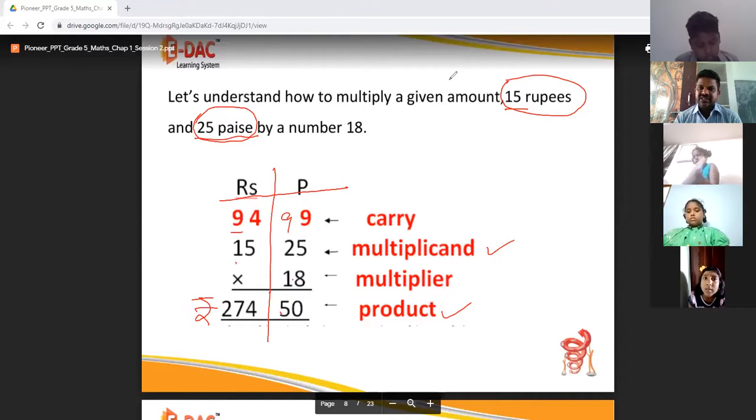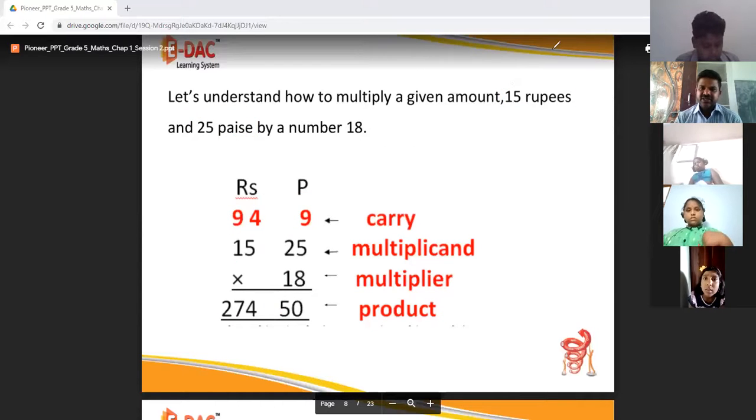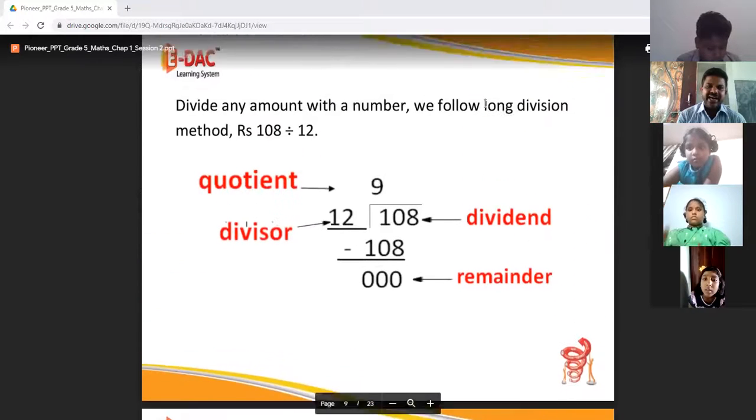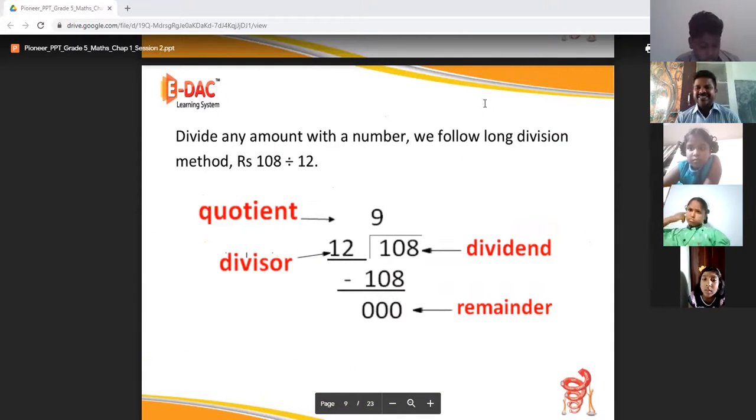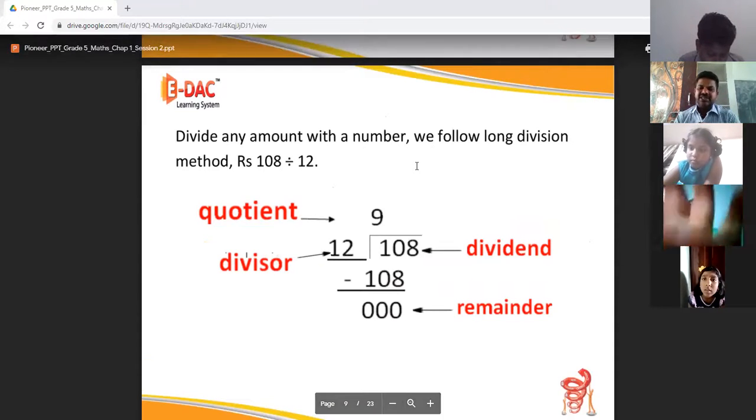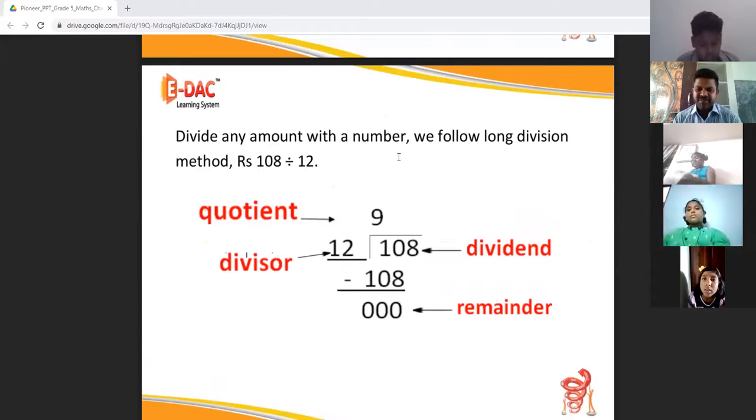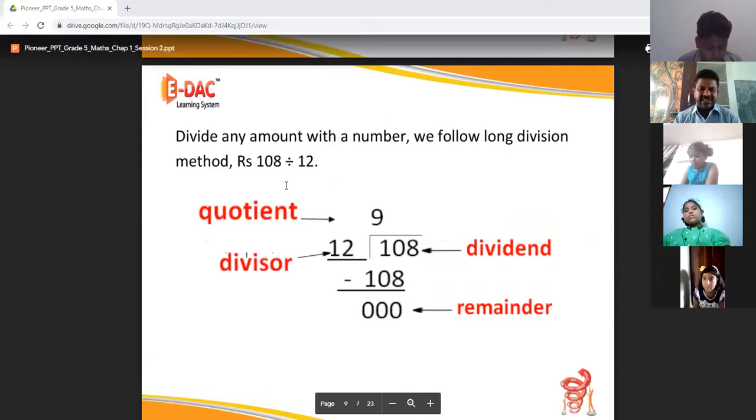Yes. Then we'll go for the next. And how to divide money units? It is very simple. If you know the process of division of whole numbers, the money units are also the same. To divide any amount by a number, we follow the long division method.